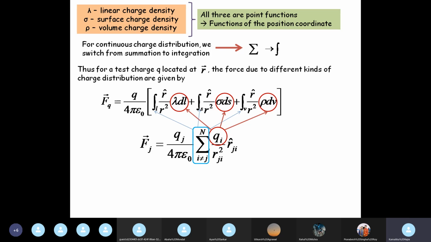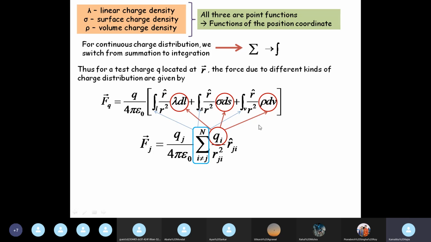If there is just the linear distribution acting on the test charge, then you don't have to bother about these two integrals. You just need to keep this. Similarly, if there is only a surface charge acting, then you don't have to bother about linear and volume. But this is the general expression when all kinds of distribution are exerting a force on a test charge. Since we are no longer considering discrete charges, we have replaced the summation symbol by the integration.